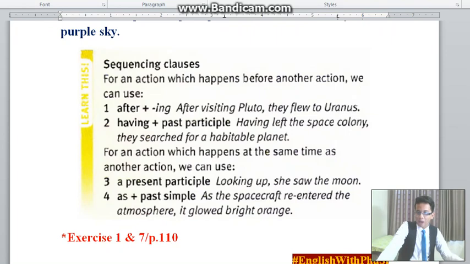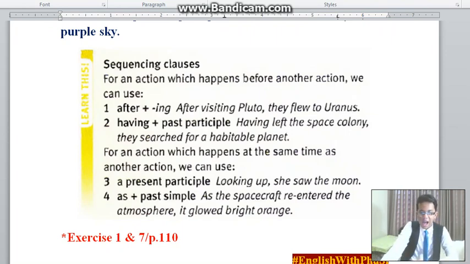Next, for an action which happens at the same time as another action, we can use a present participle. You can say 'Looking up, she saw the moon.' Or you can use as plus past simple.